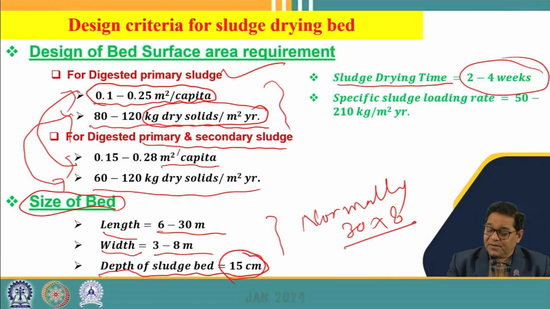So depending upon the type of the sludge, the sludge drying time differs, and usually for all design purposes we take 2 to 4 weeks for its drying time. And then this is the specific sludge loading rate, which is another criteria, that we can take like 50 to 210 kg per meter square per year. So these are the various design parameters which are used in the design of the sludge drying bed.